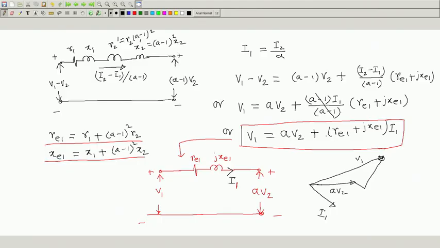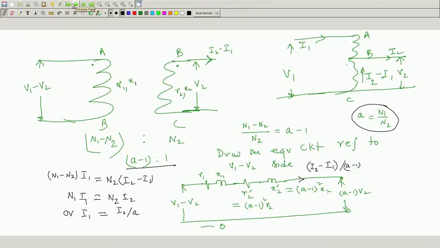In the same way, from this equation only, if you wish, that I am not doing, mind you, I will be able to draw the equivalent circuit referred to the load side also. Got the point?